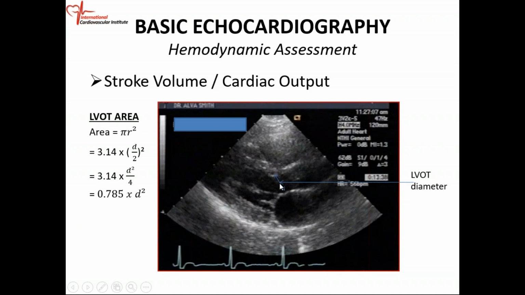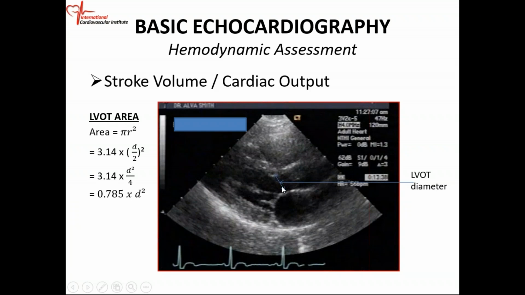So that is why we measure the LVOT diameter. Your aortic valve is right there, so it's a little distance away from the aortic valve. And this area is what we call your left ventricular flow tract. This is the area, and we measure the diameter. We assume that it's circular, so this is circular, and this is the diameter.